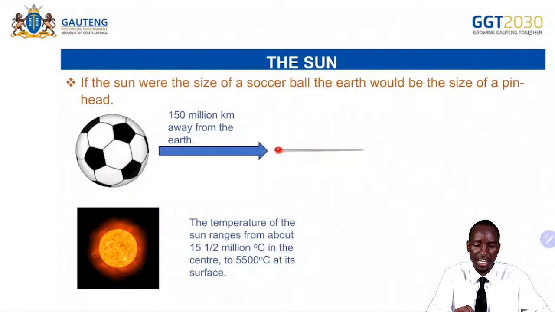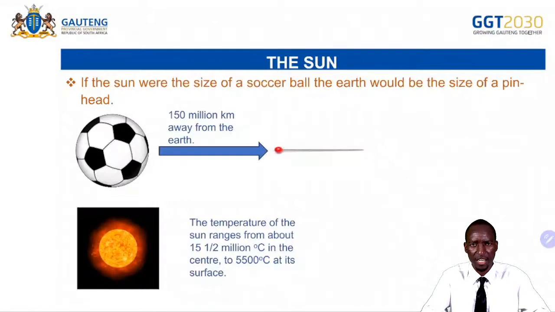So you can see that the sun is so huge if we compare it to the planet Earth, and also the distance from the Earth to the sun is a very massive distance of about 150 million kilometers. So these two, planet Earth and the sun, are separated by that massive distance of 150 million kilometers.